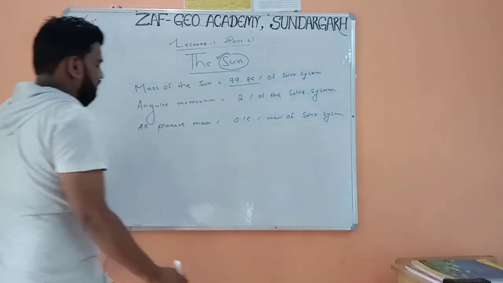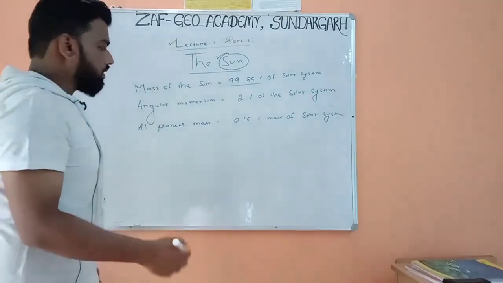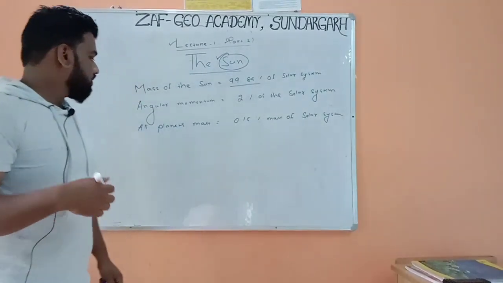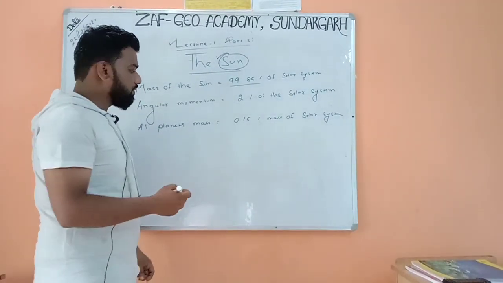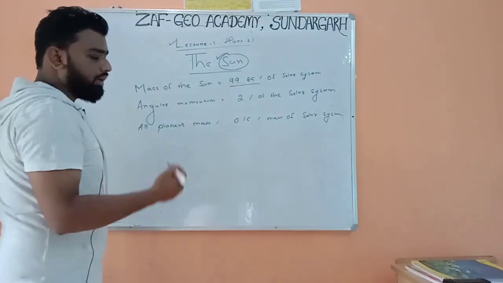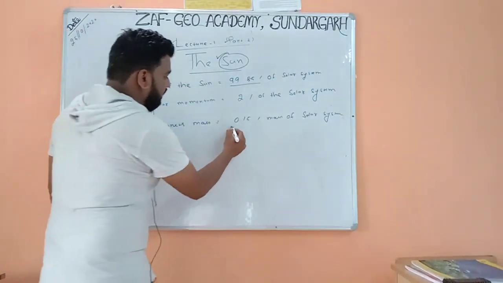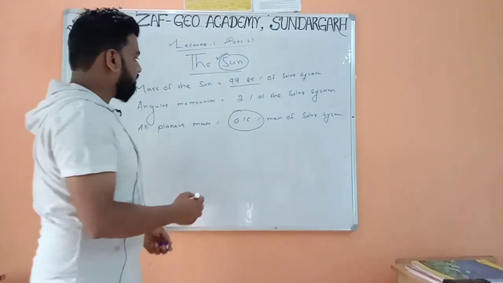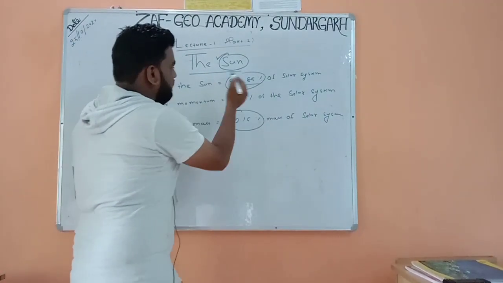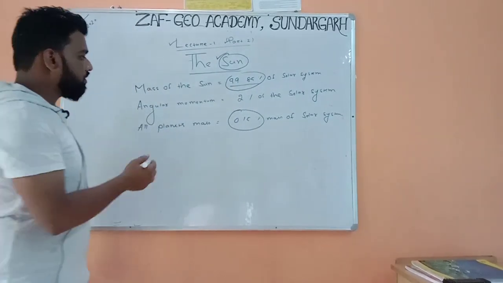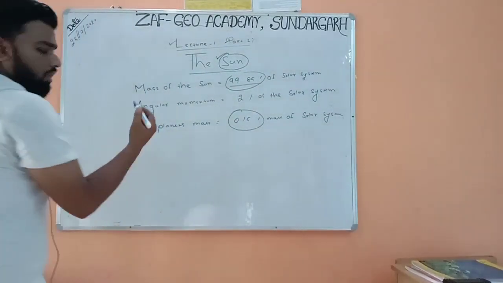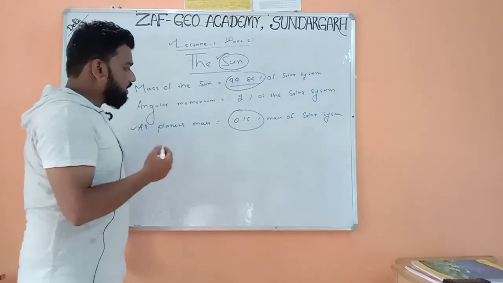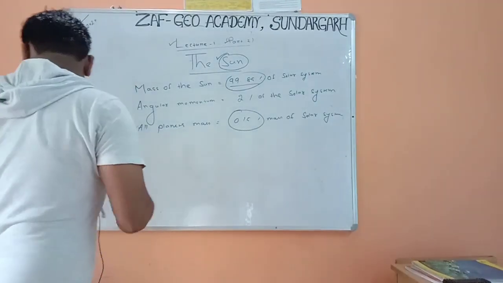So all other planets like Mercury, Venus, Earth, Mars, Jupiter, Saturn, Uranus, Neptune, Pluto, all those planets combined contribute only 0.15% of the mass of the solar system, because 99.85% is contributed by the sun.